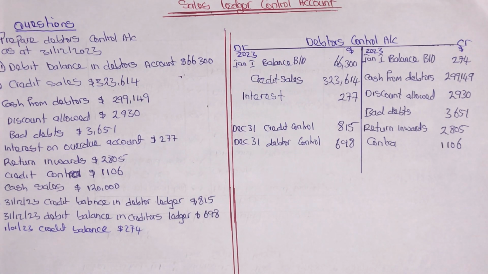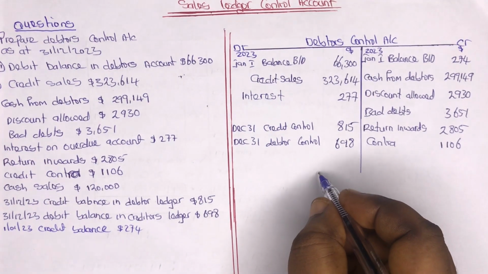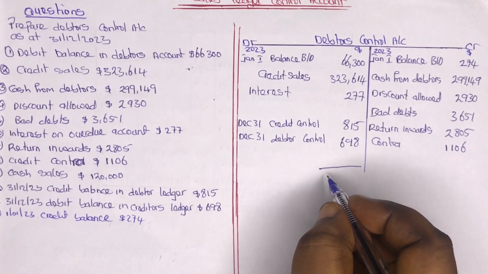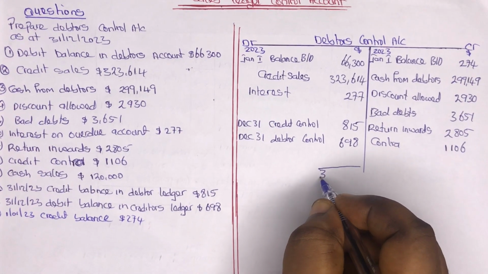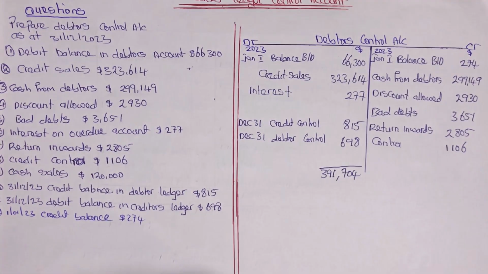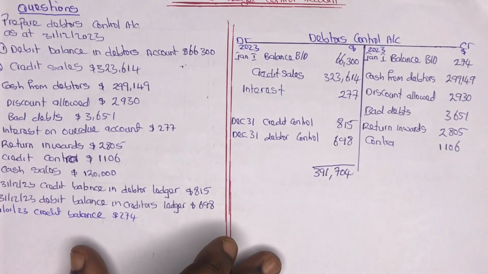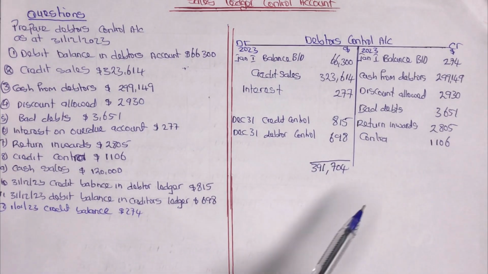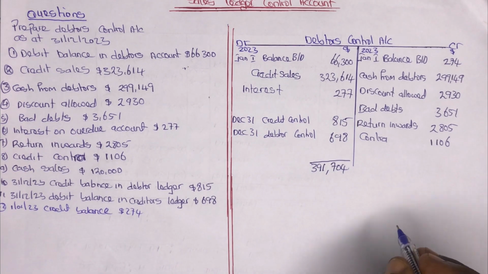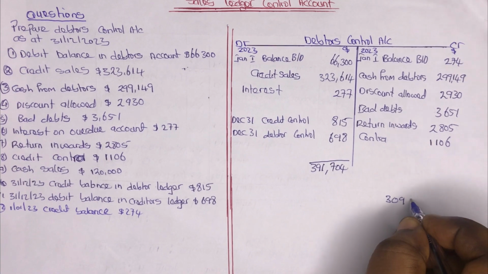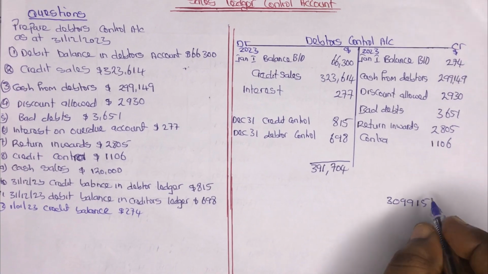If we sum all the debit sides, we arrive at 391,704. And if we sum the credit side, we arrive at 309,915.